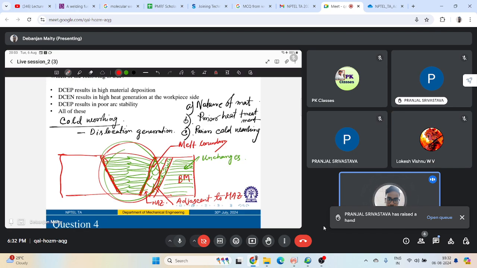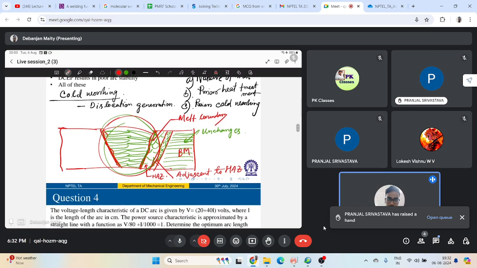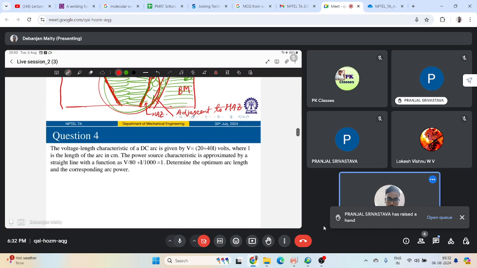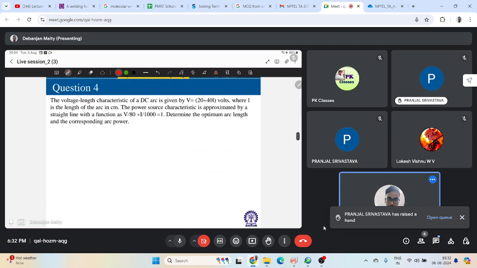So if we try to understand in terms of a graph, how will it look like? It will look something like this. Over here, this is my base metal.